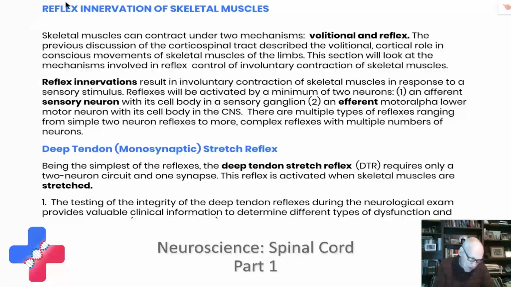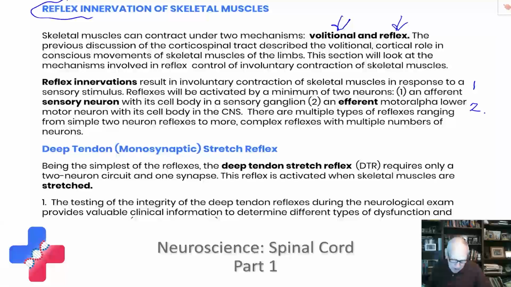When you deal with reflex mechanisms of innervation, remember we said early on that when you contract the skeletal muscles, it's under two mechanisms. You can do it willfully or reflexively. Now, we've already covered the volitional side of it. Now, let's look at reflex. When you deal with reflex innervations, notice there are two cardinal rules to go by.